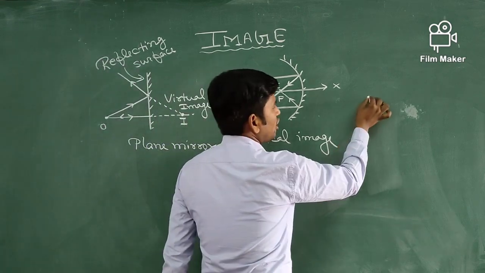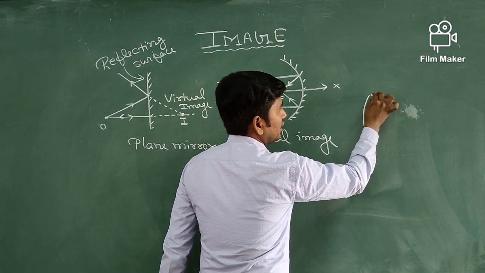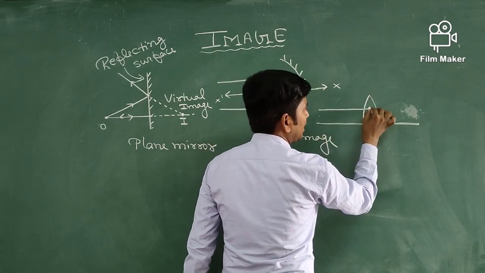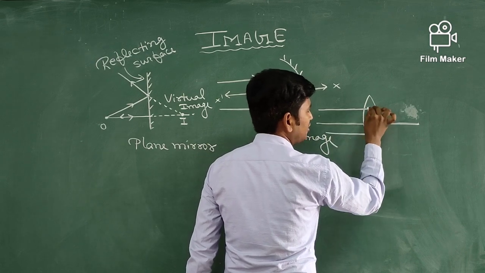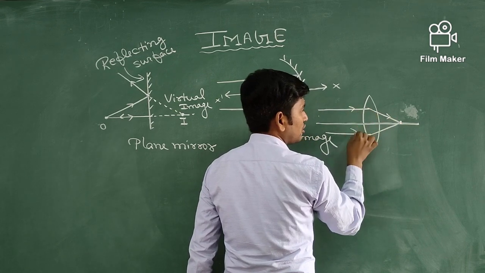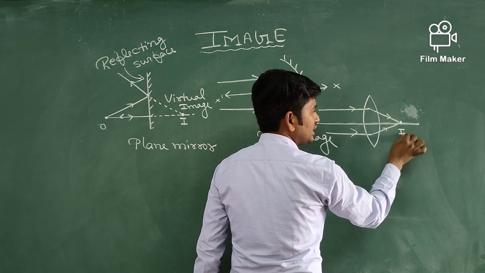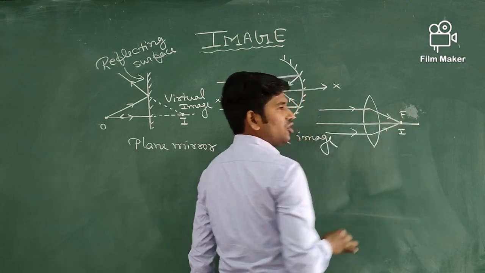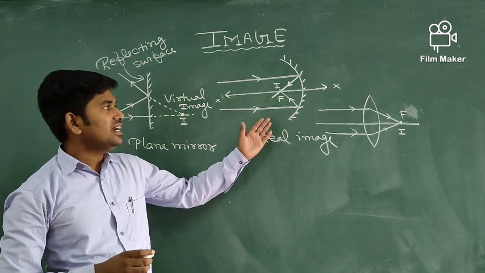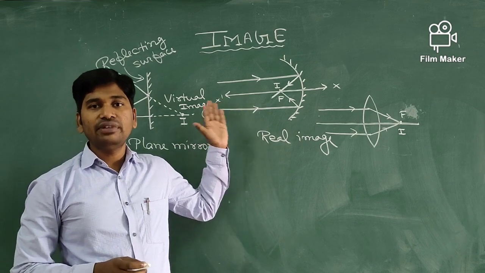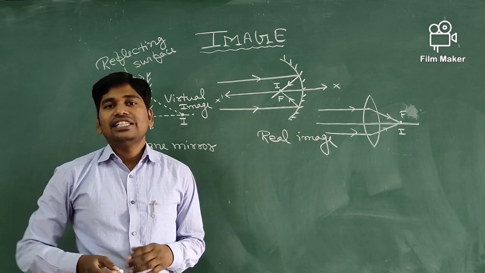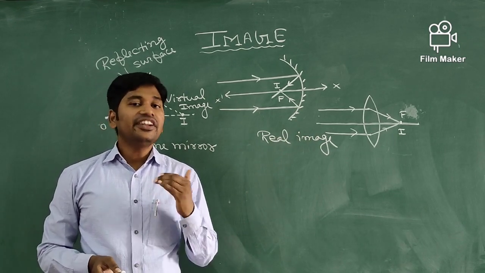See, in case of a convex lens, the rays of light coming parallel to the principal axis intersect at a point after refraction. At this point the image is formed, and this is also a real image. So a mirror forms the image after reflection, and a lens forms the image after refraction.